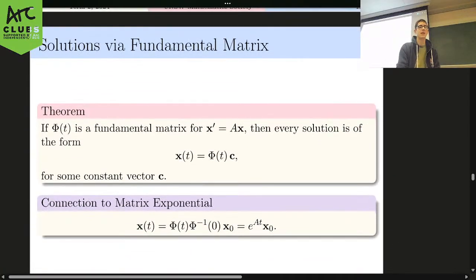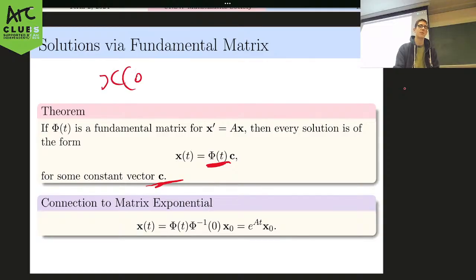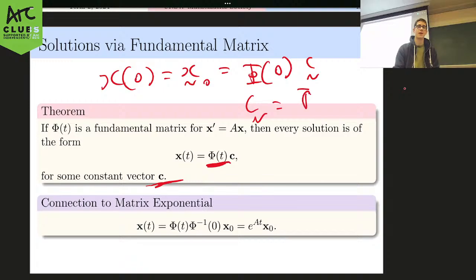And it turns out that any solution to the differential equation is just any fundamental matrix multiplied by some constant vector that depends on our initial conditions. Specifically, if we have the initial condition x(0) equal to x naught, then we need that to be equal to phi(0) times c. Since we know that phi is invertible, c would be phi inverse of 0 times x naught, so we can put that in here.